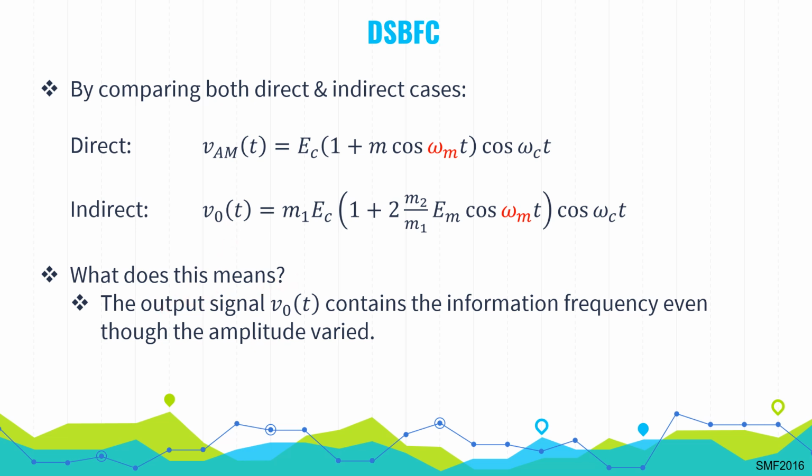What does this mean? Both methods produce an AM signal that contains the information frequency, but the amplitude of the signal varies depending on the method used. The indirect method introduces additional terms due to the nonlinear device, but the final result is still an AM signal with the carrier and sidebands.